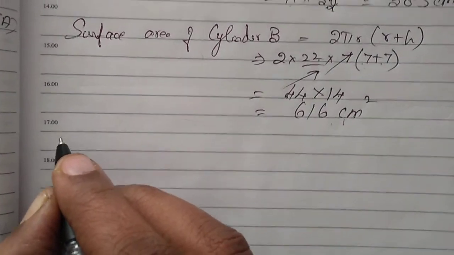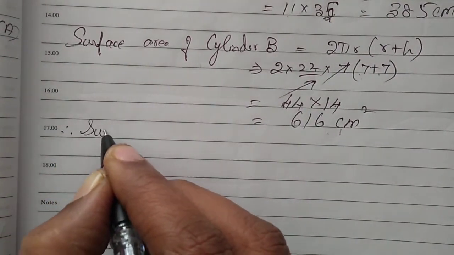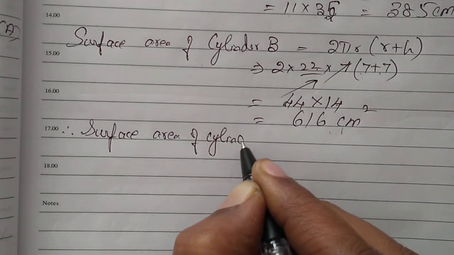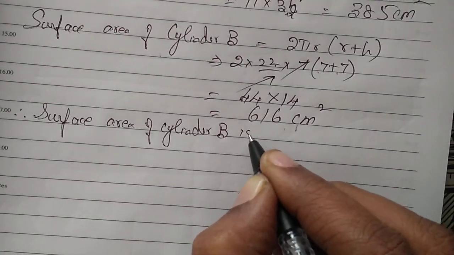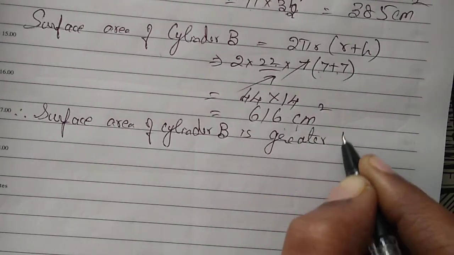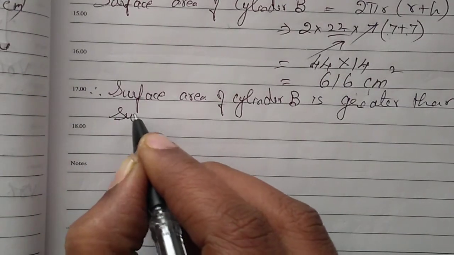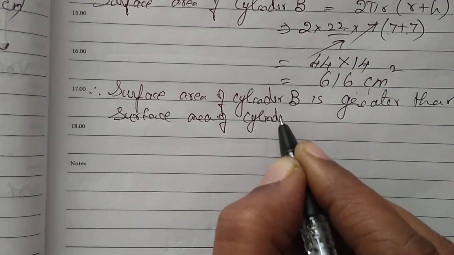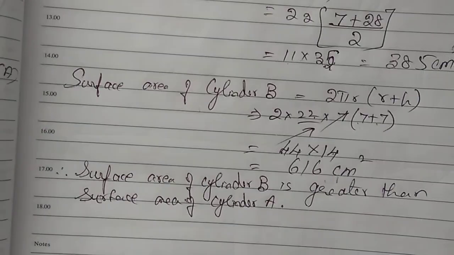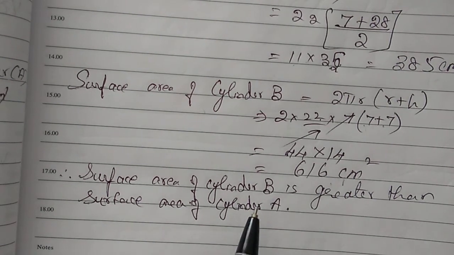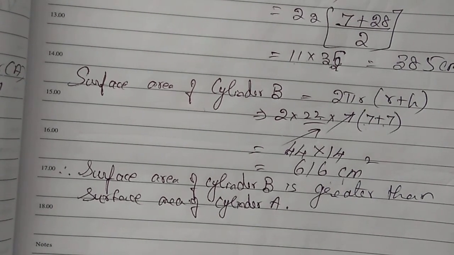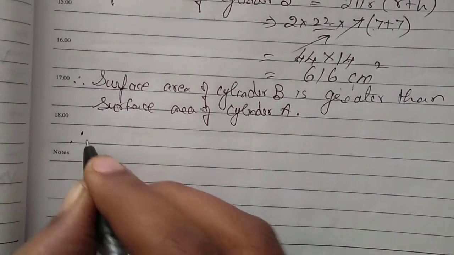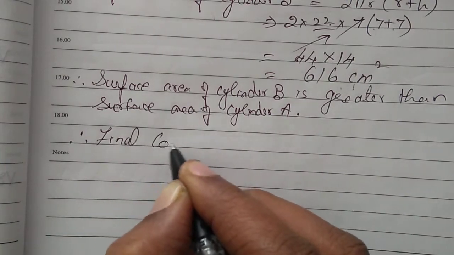So we find now, therefore, the surface area of cylinder B is greater than the surface area of cylinder A. So both in volume and in surface area, the one which has greater radius has more volume and more surface area. So we write now, therefore, the final conclusion.